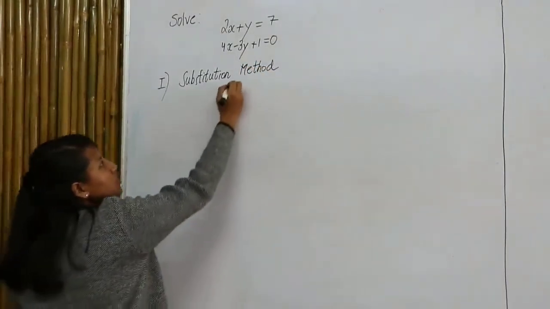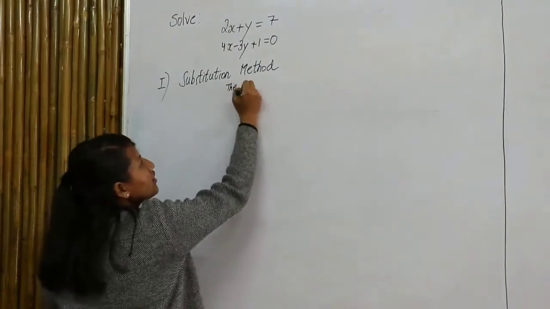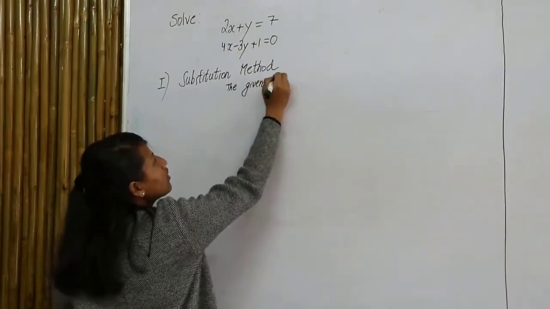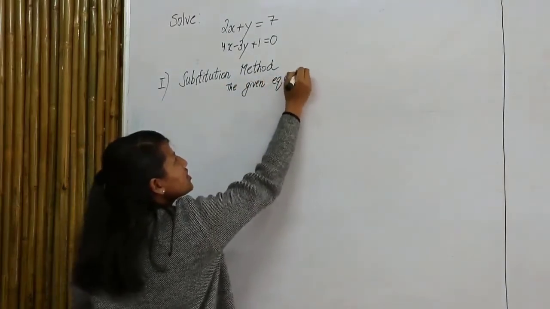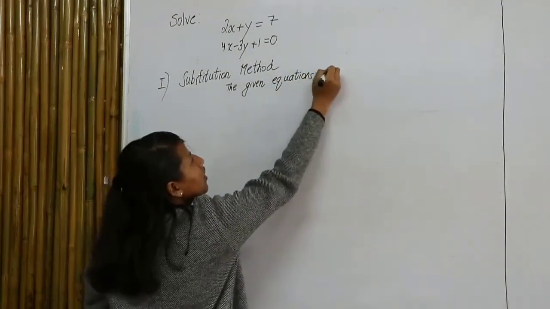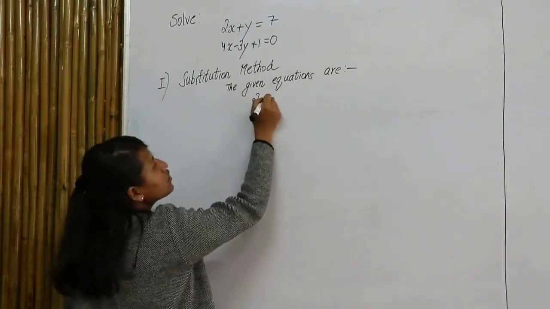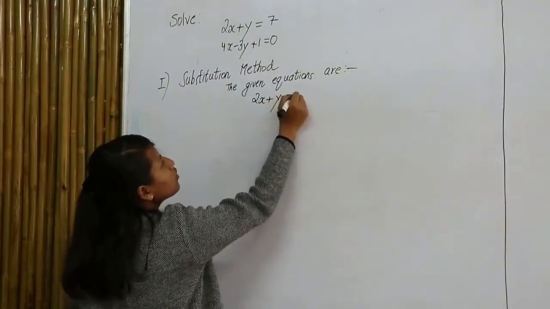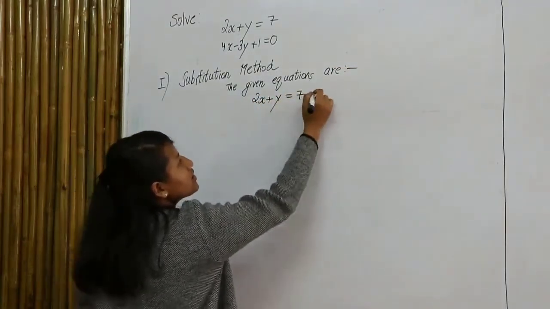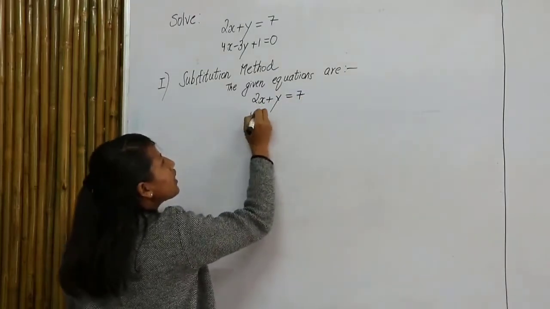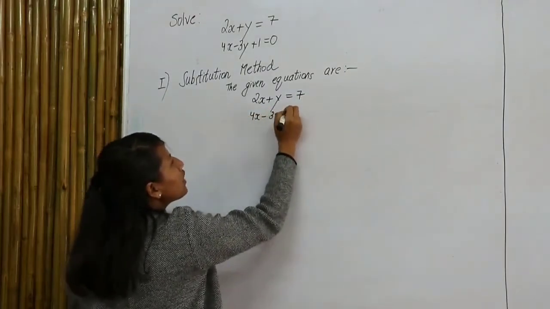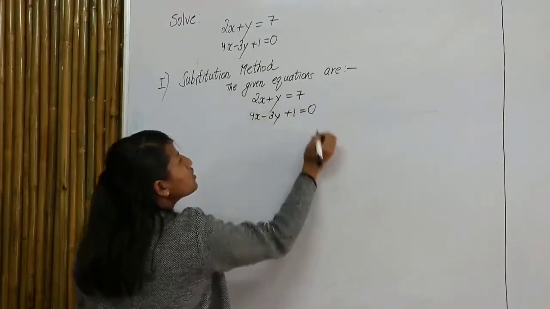So what to do? You first write the given equations: 2x plus y equal to 7, and 4x minus 3y plus 1 equal to 0.